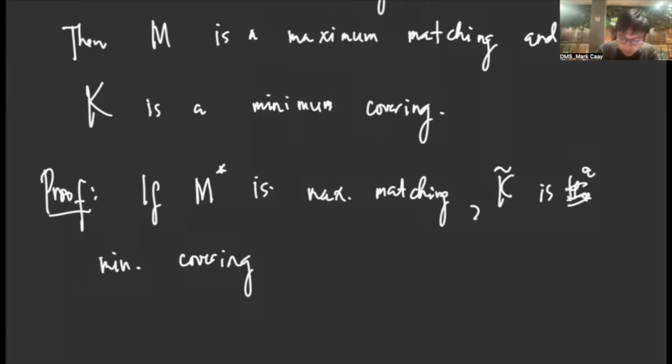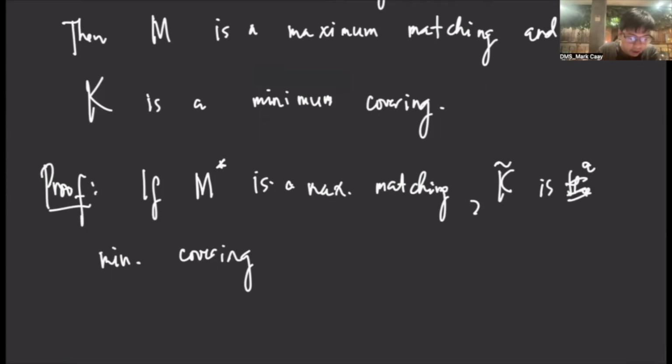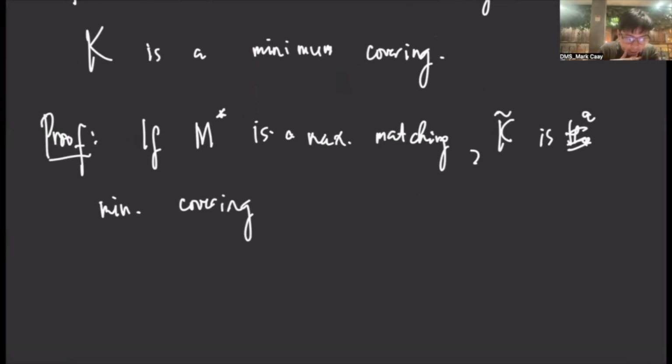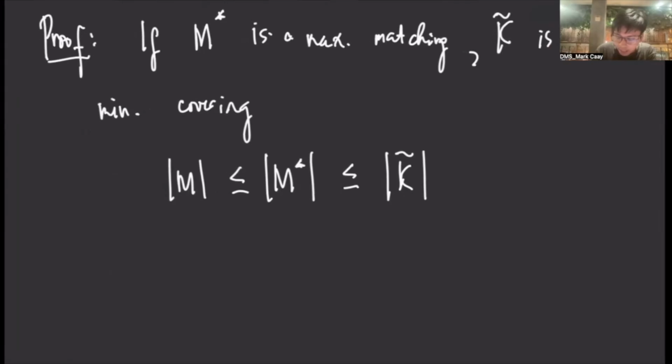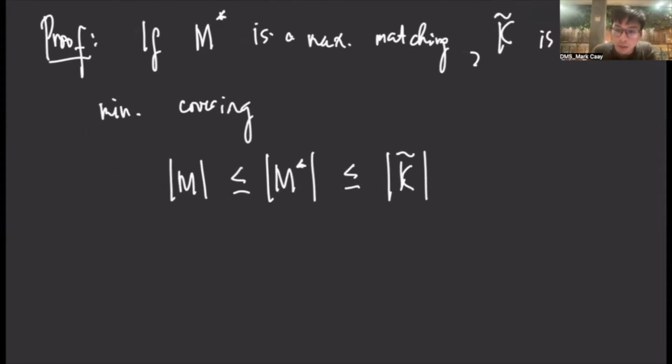And there are a lot of maximum, so it's A, not D. So what happens is your M is less than or equal to M star, cardinality, because your M star is the max. And then this is less than or equal to this K tilde. But remember, your K tilde here is the minimum.